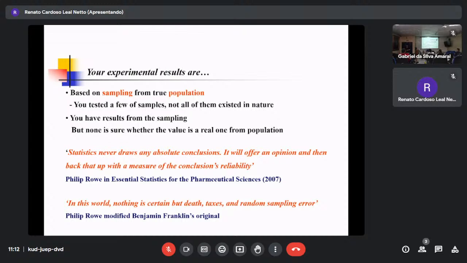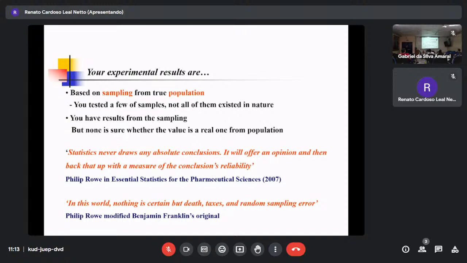But is that possible? Not possible. So that's statistics. You have a very limited number of samples, but your ambition is to draw a very general conclusion. That's why statistics never draws any absolute conclusion.